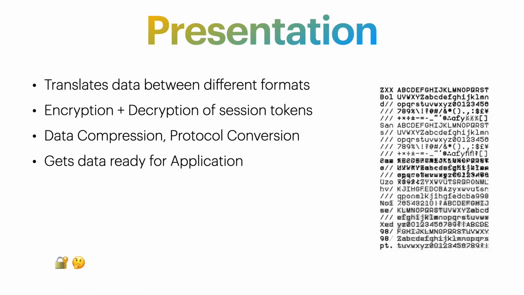After we transfer the data, we are in the presentation stage. Here we have a chunk of data and we have to translate it to human readable data. So this is the presentation layer. Here's where encryption and decryption take place, data compression, and it gets ready for the user to see it.